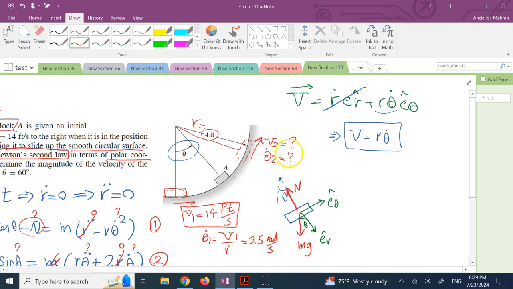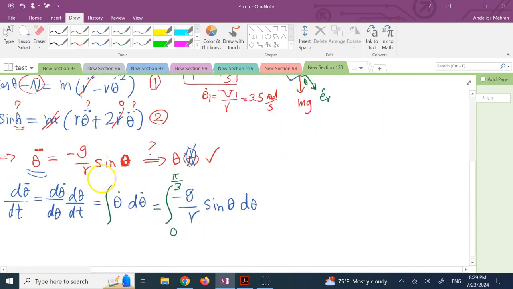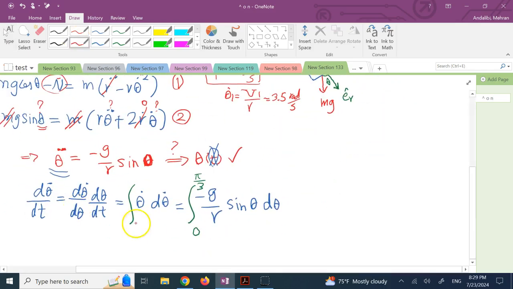Okay, and theta 2 dot is the one I need to find. So this limit here is 3.5 to theta 2 dot. And the integral of theta dot is theta dot squared over 2. So you have to calculate it at theta dot 2 and 3.5 and subtract.